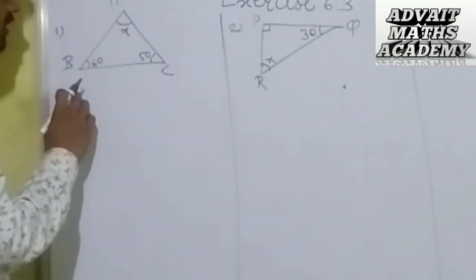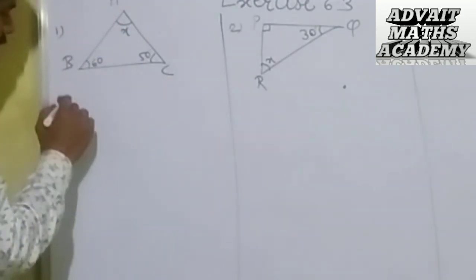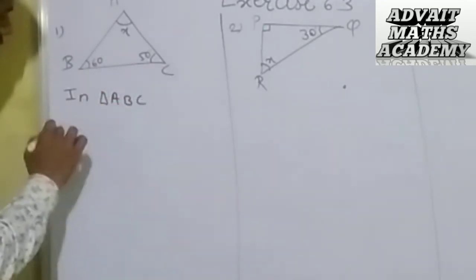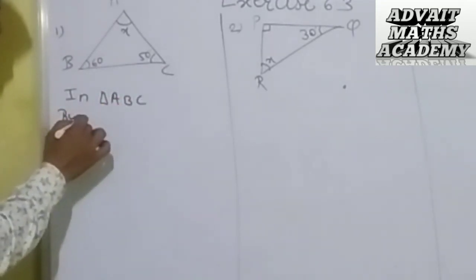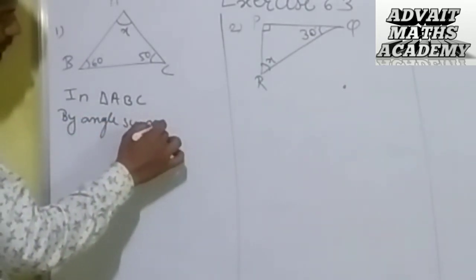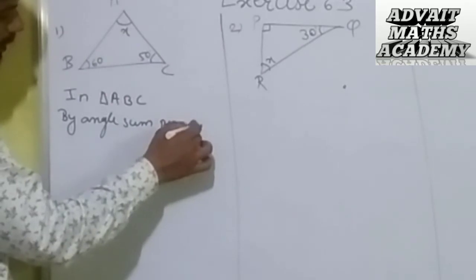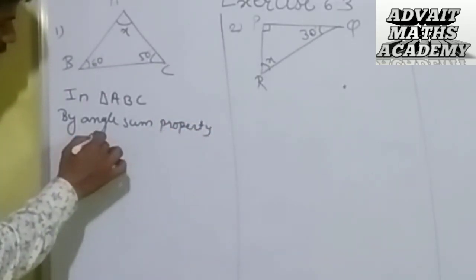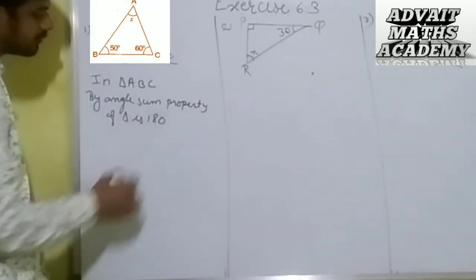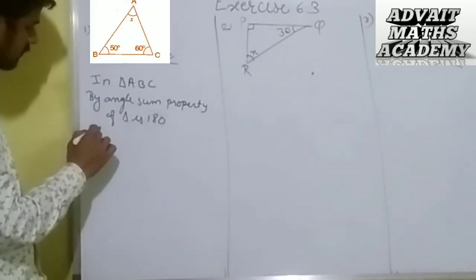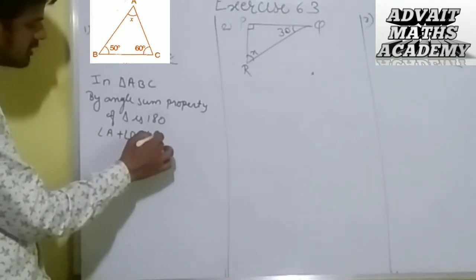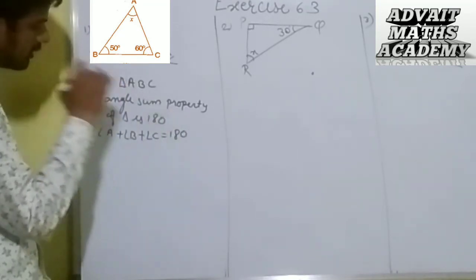See, in triangle ABC, by angle sum property of a triangle, the sum is 180 degree. Then angle A plus angle B plus angle C is equal to 180 degree.